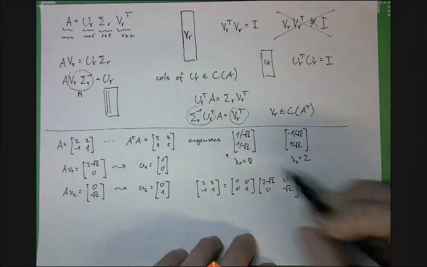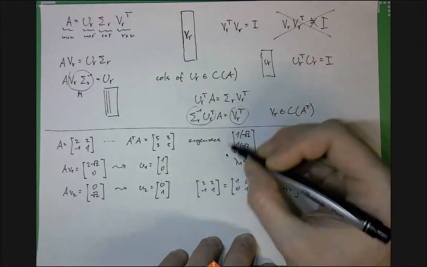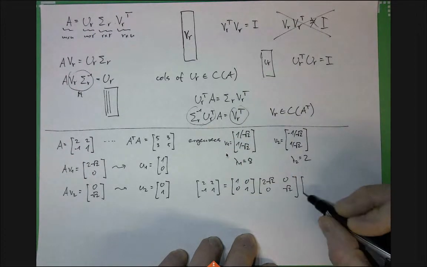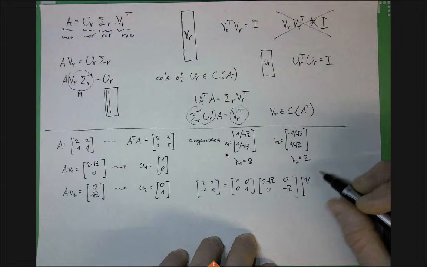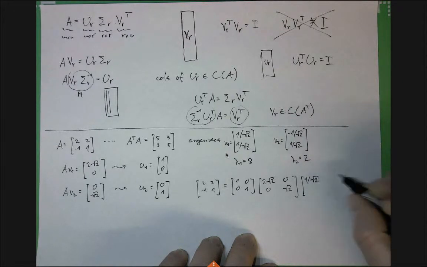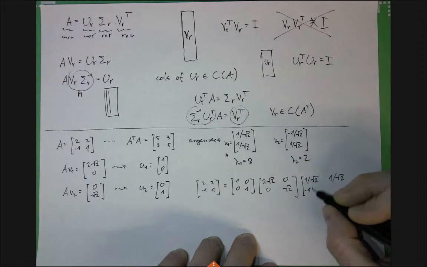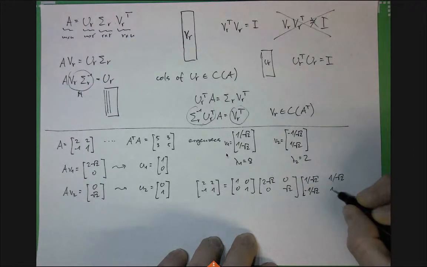And here I take the eigenvectors transposed. If this was V1 and this was V2, then here I write V1 transpose, so 1 over square root of 2 and again 1 over square root of 2, and this is V2 transpose, so minus 1 over square root of 2 and 1 over square root of 2.